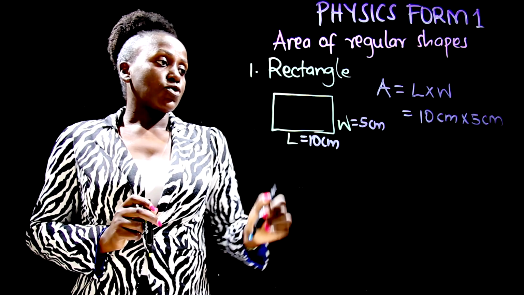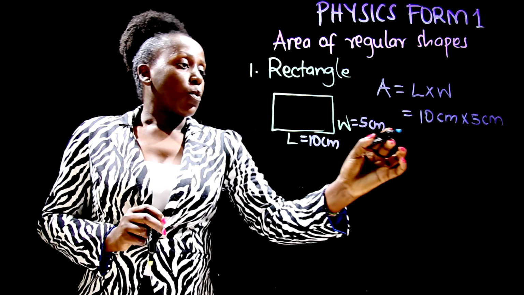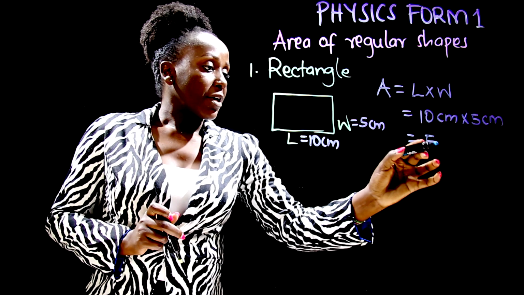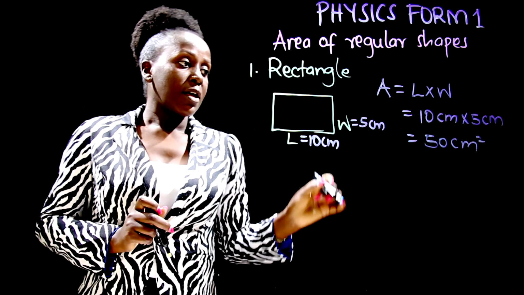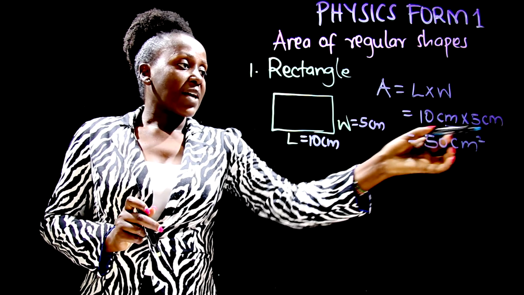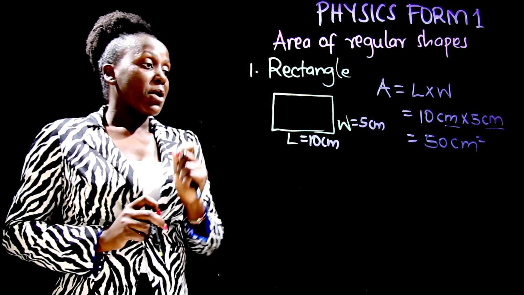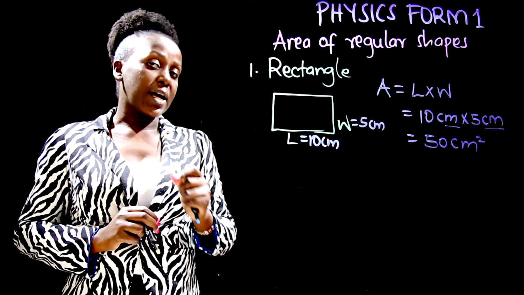When you multiply 10 times 5, you get 50 centimeter squared, because centimeters times centimeters is centimeter squared. Remember, we said that the units of length must be squared.